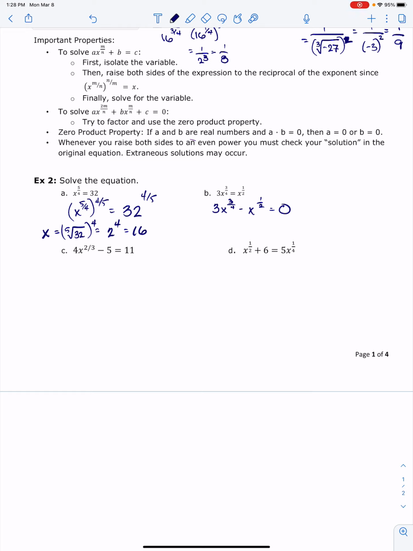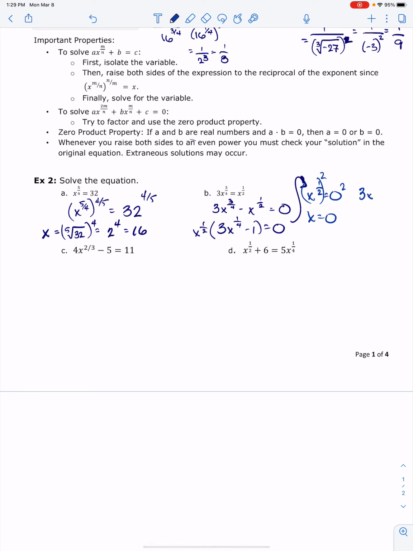I want to factor out an x to the 1/2, which leaves me 3x to the 1/4 minus 1. And then I'm going to move these up here. I get x to the 1/2 equals 0. Only thing that's going to make that true, I mean, I can square both sides, is x equals 0.